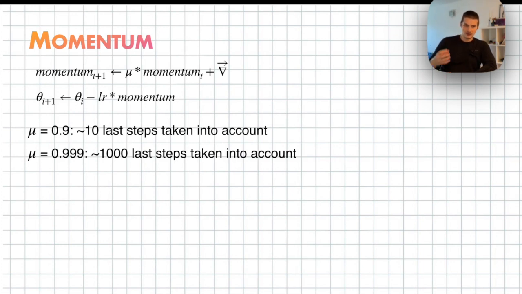And then after every next step, the contribution of previous momentums, a few steps back, will reduce because we keep multiplying by this parameter mu that is usually below 1. So if mu is something like 0.9, the effect from previous steps will diminish after something like 10 steps. So you'll only have roughly 10 steps from your history contributing to this momentum. And if mu is 0.999, then you would have something like 1000 steps contributing to the current momentum.